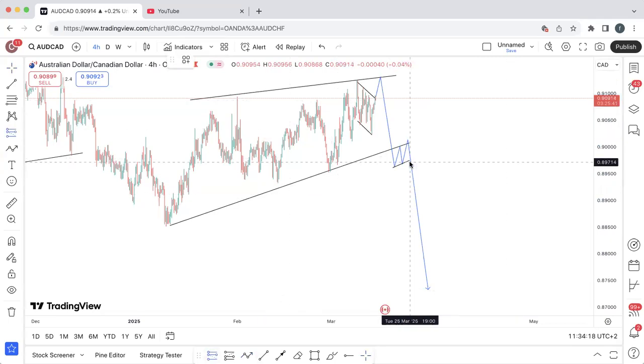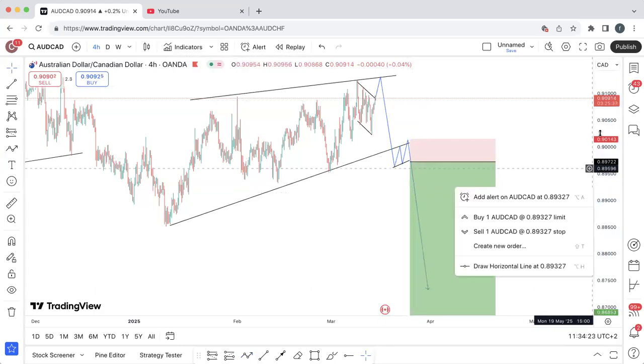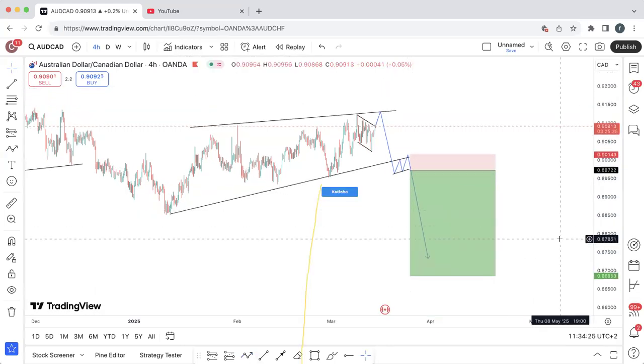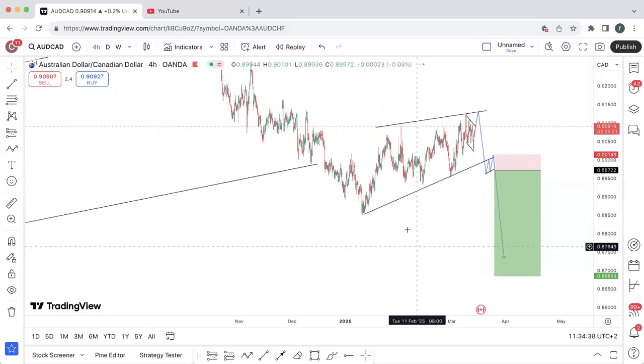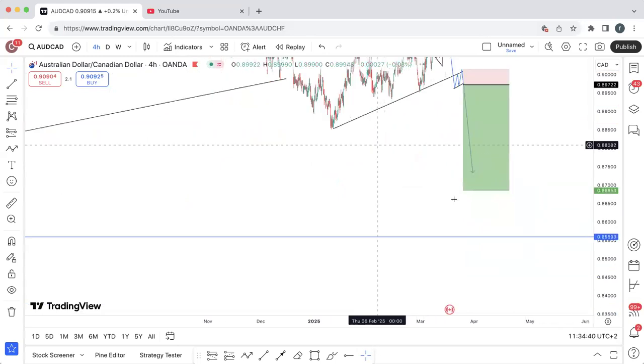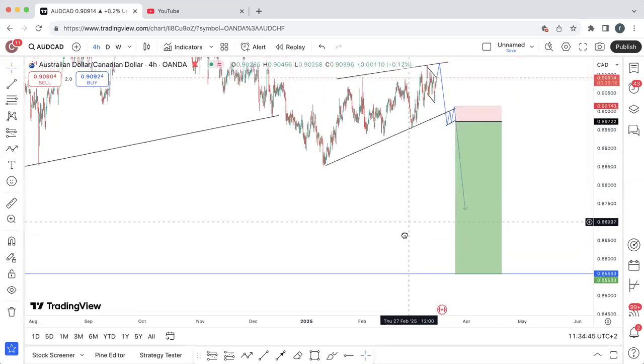Then I'll look to enter on the breakout, place my stops above, and my TP will still be initially in the same area. So this is how I would be looking to exit the AUD/CAD all the way to the downside. This is where I will place my TP if price does give me another potential entry.